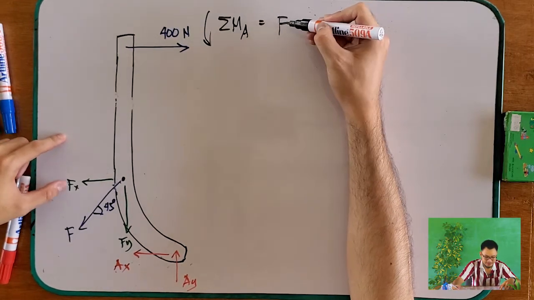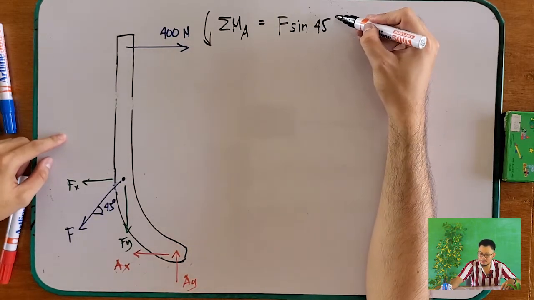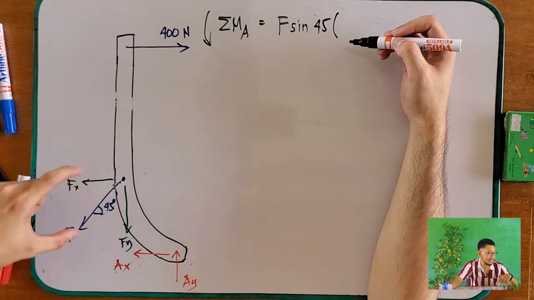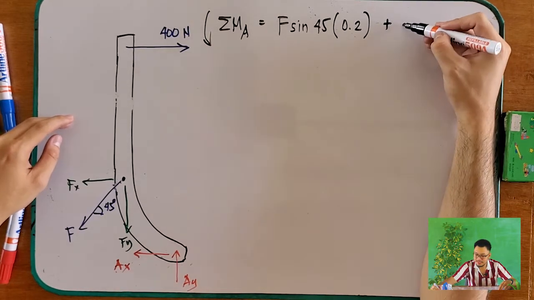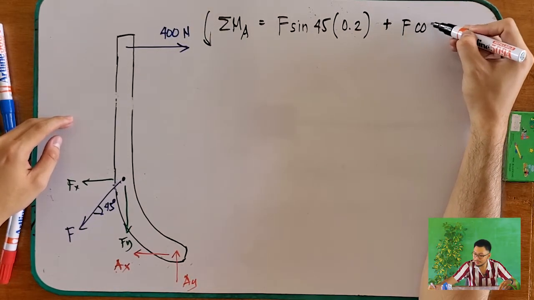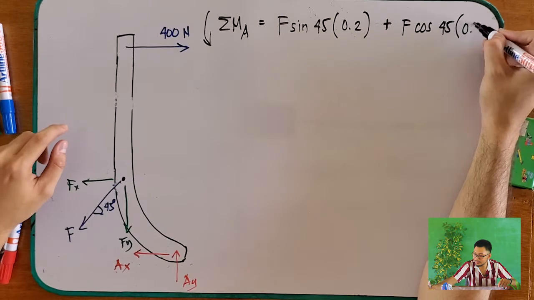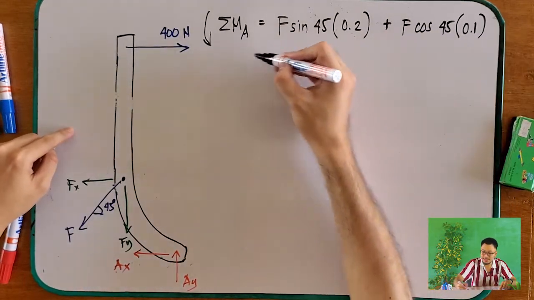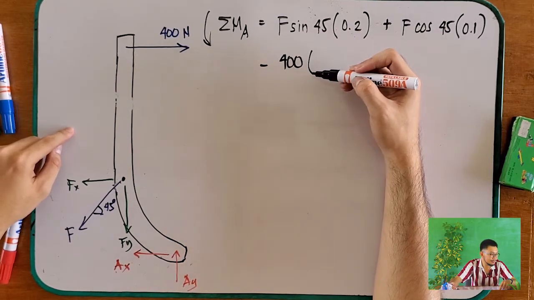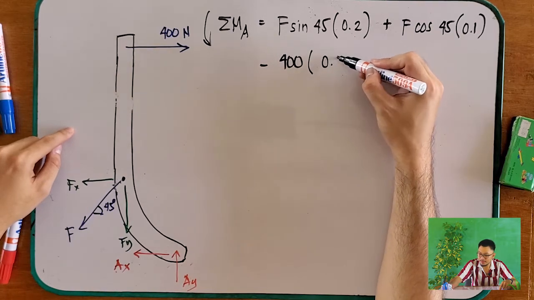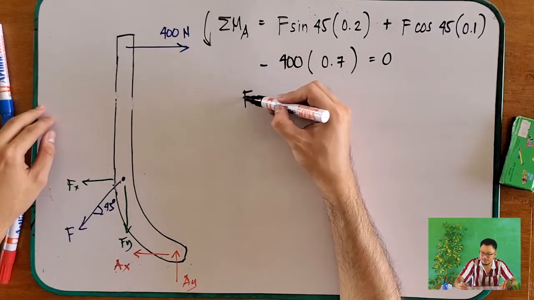So, F sine of 45 and moment arm of, ilan man na siya? 0.2 plus F cosine of 45 times 0.1 minus 400 times 0.7 equals to 0. And with this equation, we can solve for F.